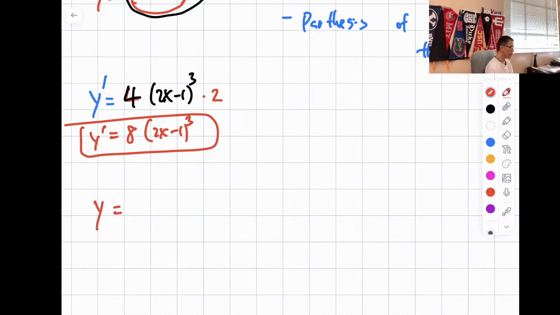Okay, good. How does it work for stuff with 3 layers? Okay, so 3x minus 2x squared to the third power. I want you to take a derivative of this and check with each other once you get done.